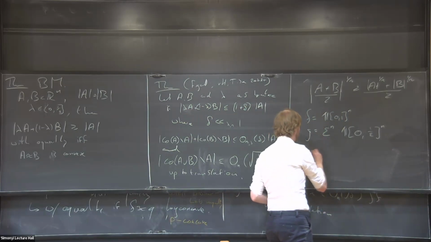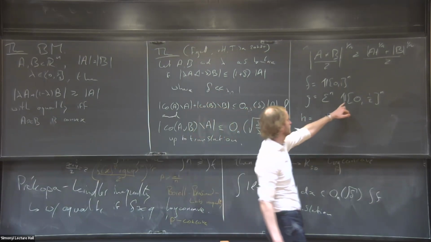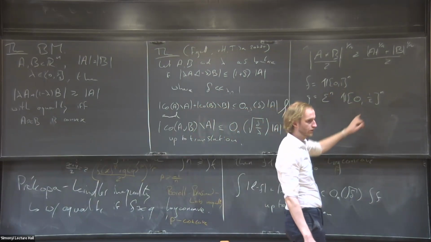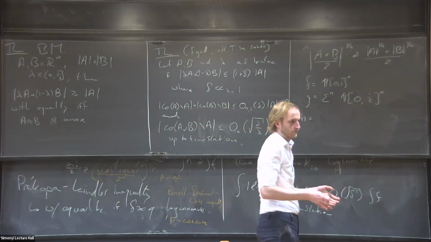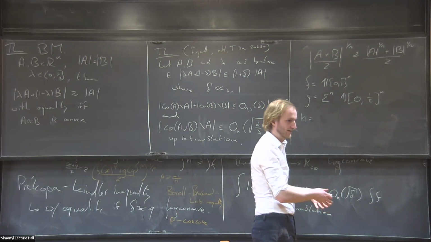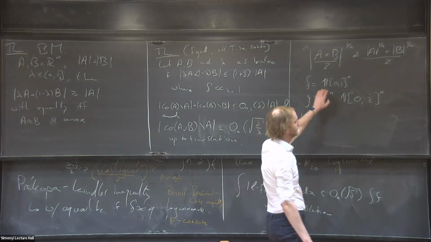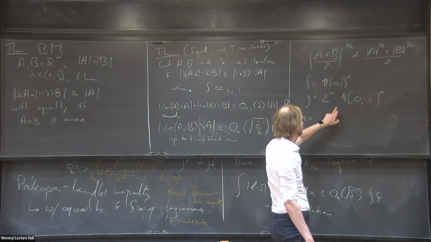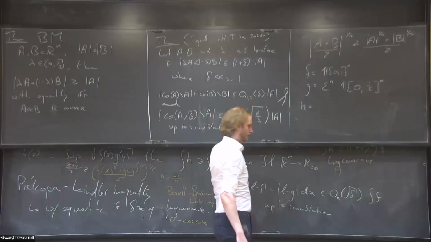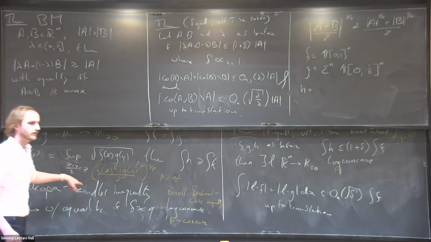Now, what is this h going to be? Well, these are both scaled versions of the indicator function of a cube, so it's going to be some cube and some scaling. If you just think about the support, this support is a cube, this support is a cube, and the support of h is going to be the average of the supports.